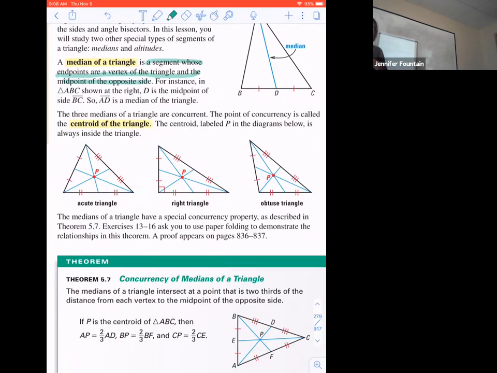So remember, we talked earlier about how the concurrency of my perpendicular bisectors was called the circumcenter. And then we had the incenter, where my angle bisectors crossed. Now we have the centroid, the point of concurrency of my medians.